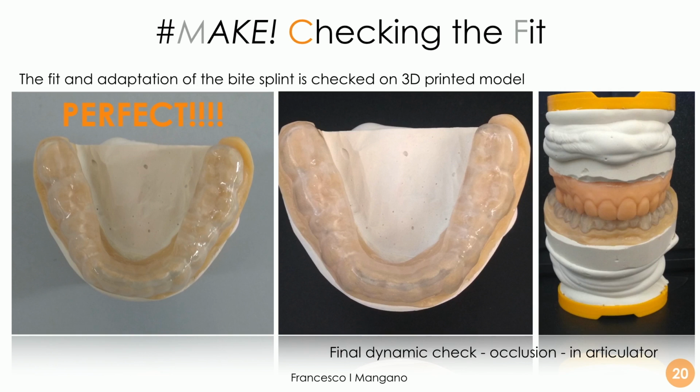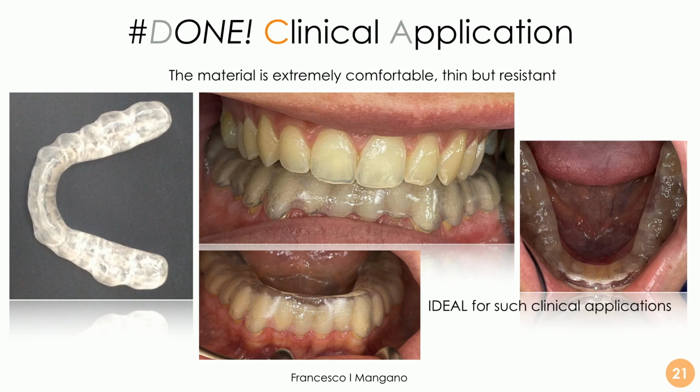Then the dental technician wanted to recheck everything in an articulator, to compare a little bit the results obtained with the virtual articulator against a real articulator, for a final dynamic check of the occlusion and the jaw movements, and everything worked well. More or less like the one planned, and we could deliver the bite for the clinical application.